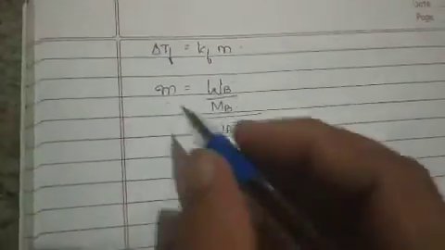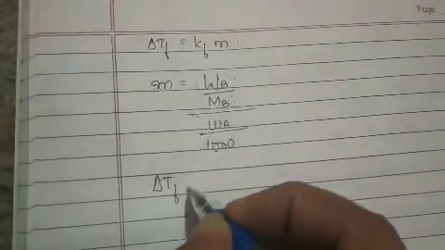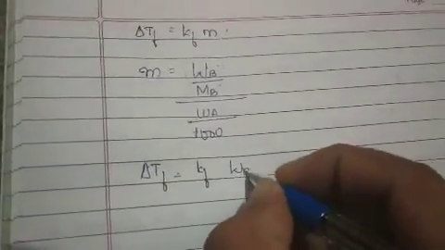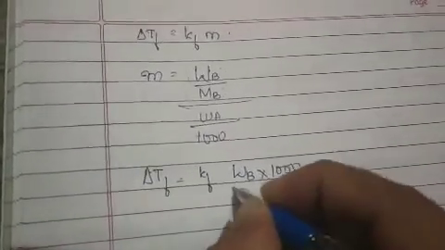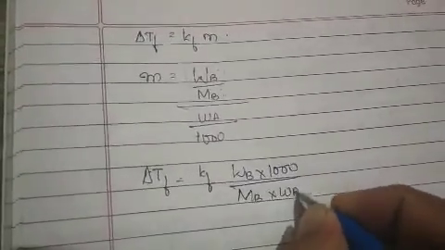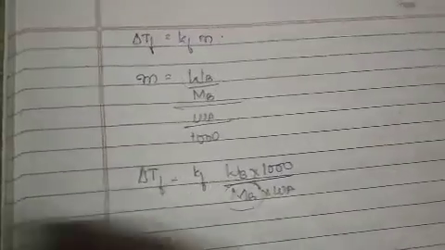So when you substitute in your main expression, you get delta Tf equals Kf into Wb into 1000 divided by Mb into Wa. But I require the molecular mass of the solute, because in all the colligative properties we are determining the molecular mass of the solute.